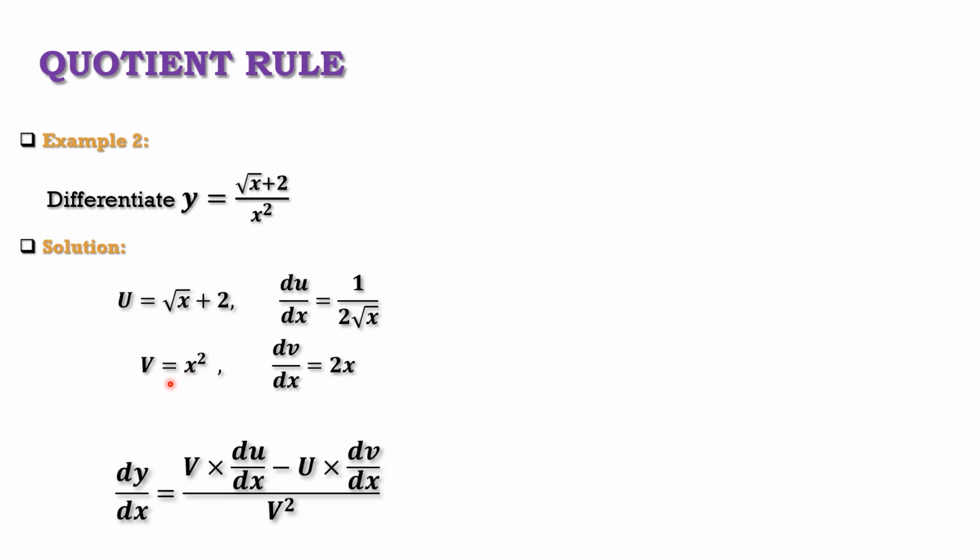So we quote our quotient rule, which is dy/dx equal to v times du/dx minus u times dv/dx, all divided by v squared. So the denominator times the derivative of the numerator, minus the numerator times the derivative of the denominator, all divided by the denominator squared.